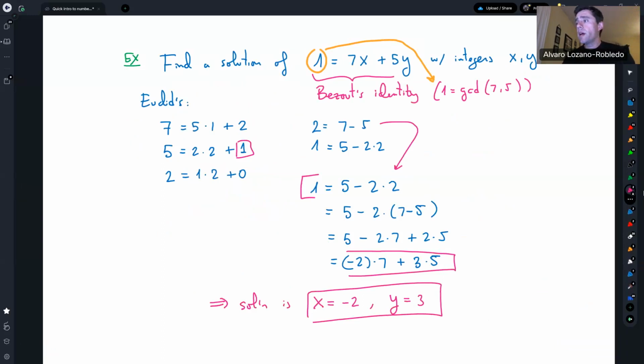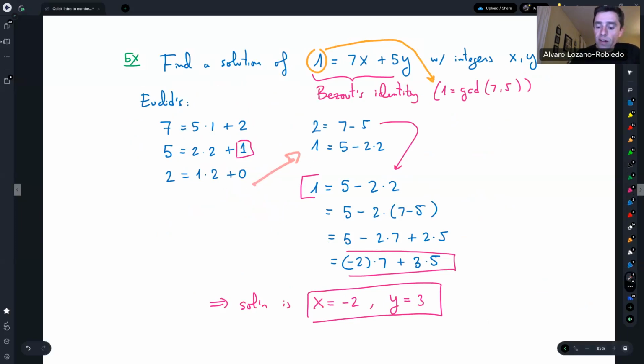Okay. So the upshot is that, well, we haven't really shown anything, but this works in general: reversing Euclid's algorithm, like so, you can write the GCD of two numbers as a linear combination of integers of those two numbers.